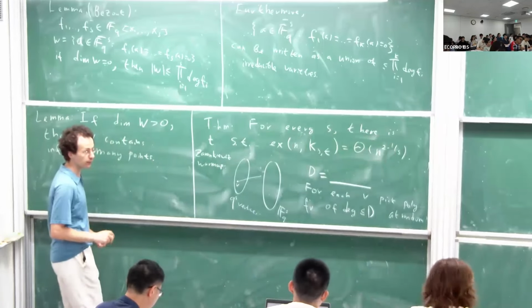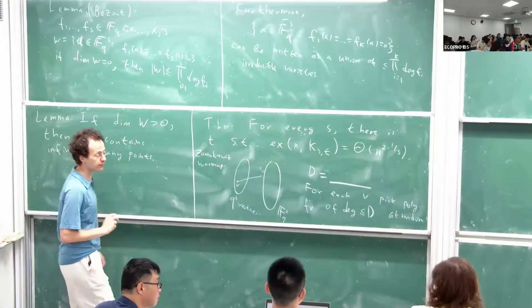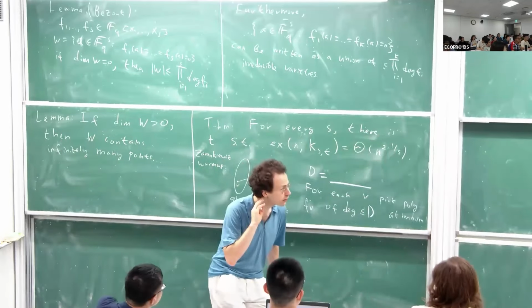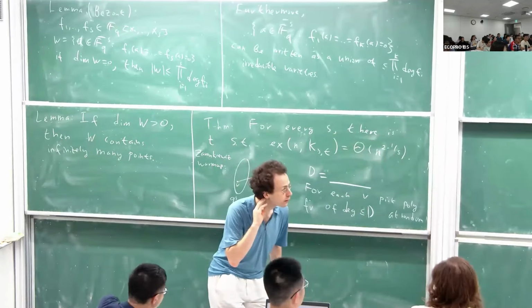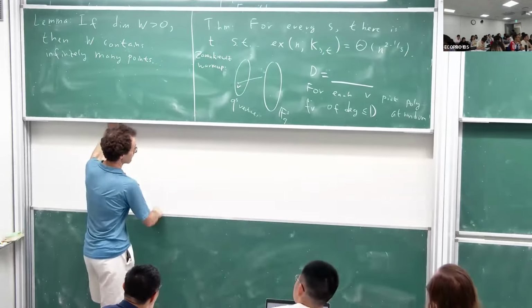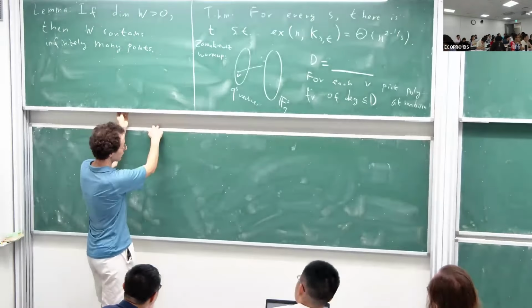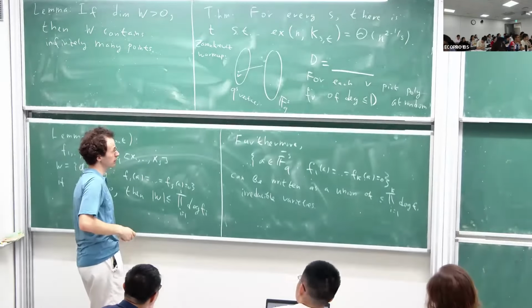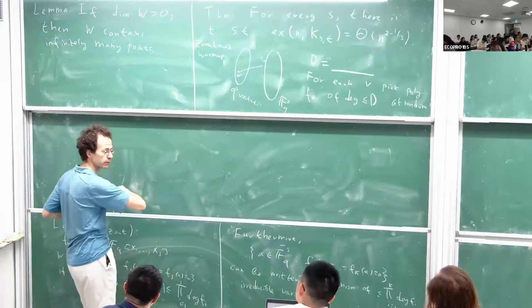So what is V? Again, for example, we have Q to the S vertices on the left, and to each vertex we associate a polynomial. And now the graph will be: V will be connected to the zero set of this polynomial.